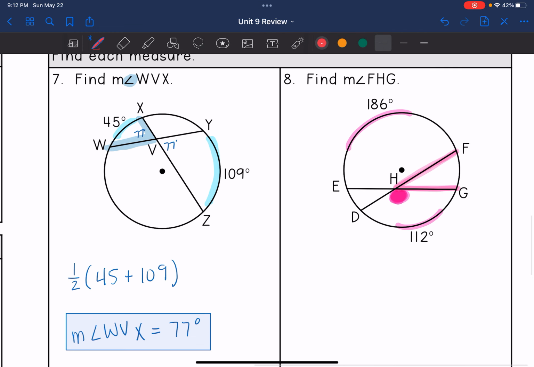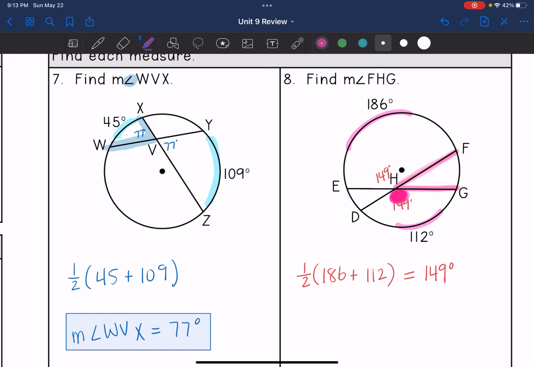So 1/2 of 186 plus 112, and that gives me 149 degrees. So that would be for this part here, 149, as well as this part here because they're vertical angles.